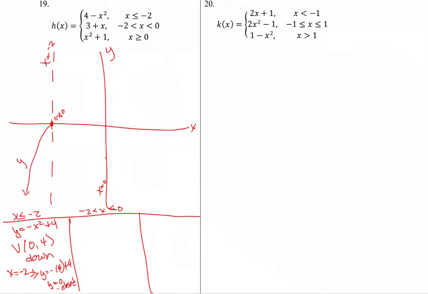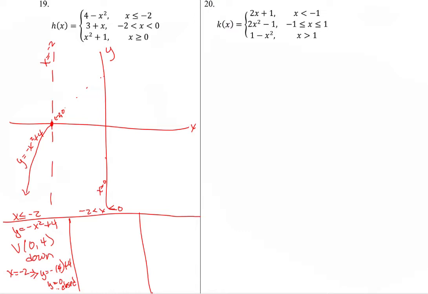So this is y equals negative x squared plus 4. Imagine that it went all the way up here would be where my vertex is, but I don't care about the portion of this that would be up here.